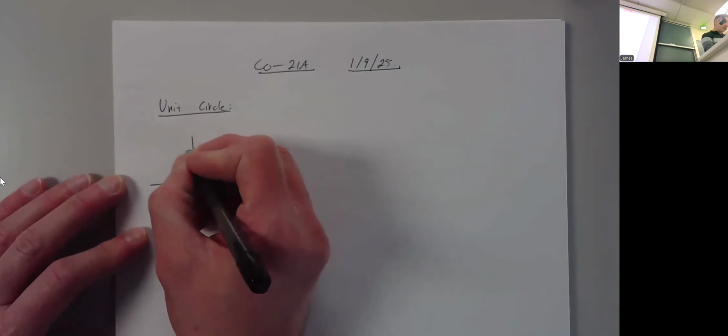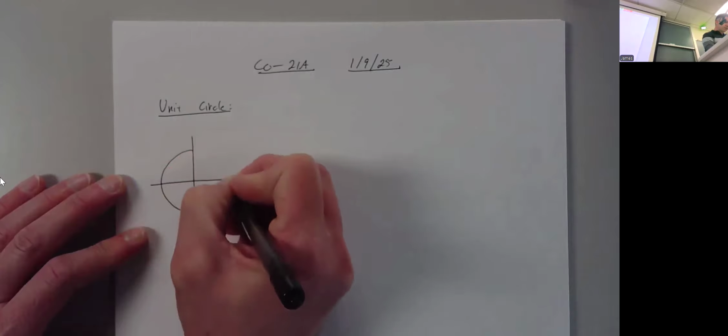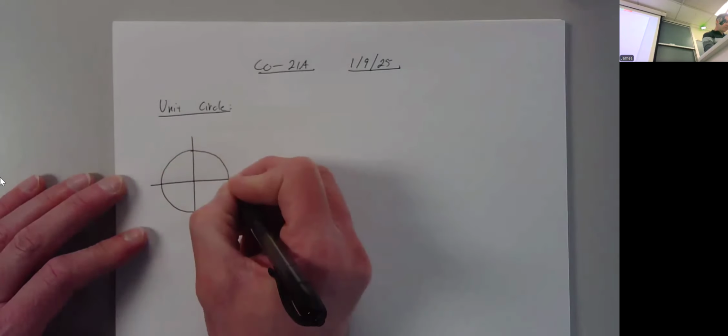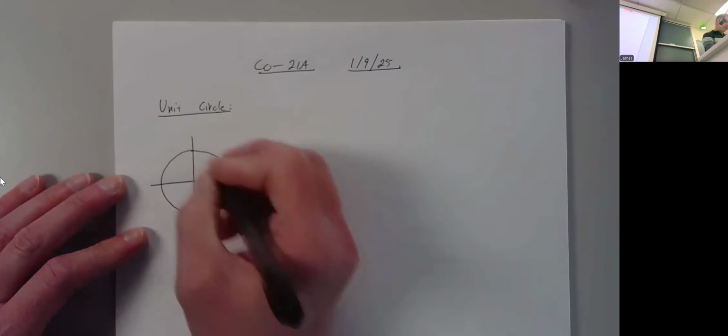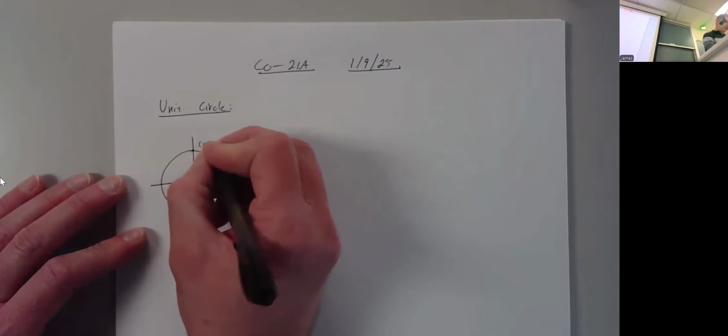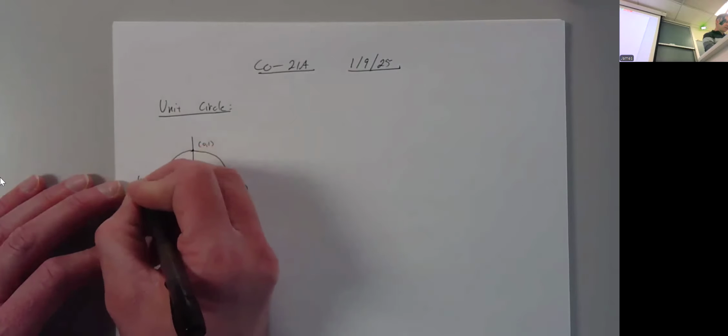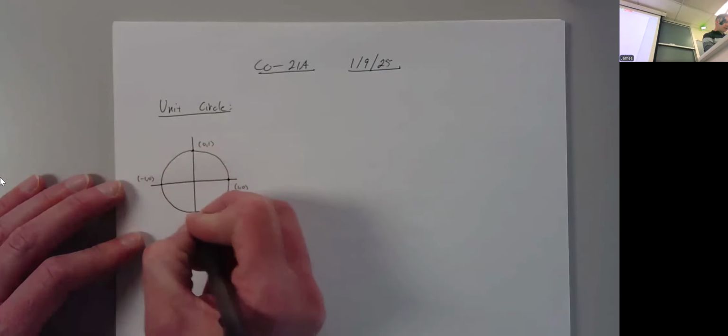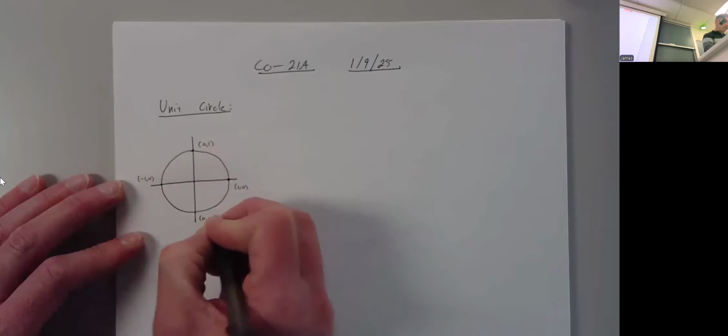So the unit circle of radius 1. I usually like to label these 4 points, although there are certainly more points that you could label on the unit circle.